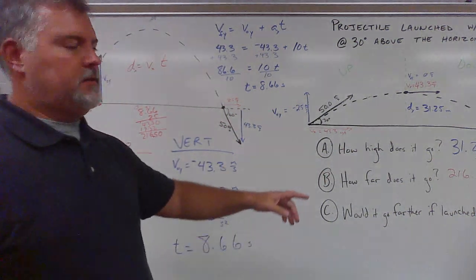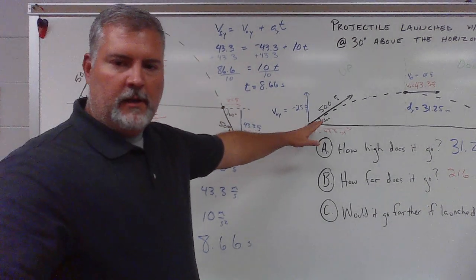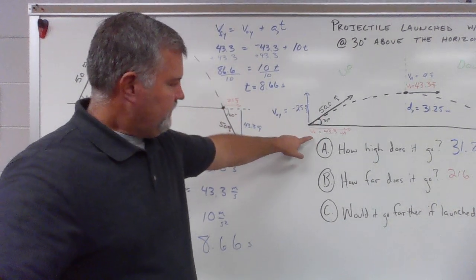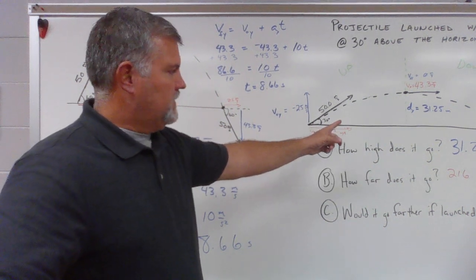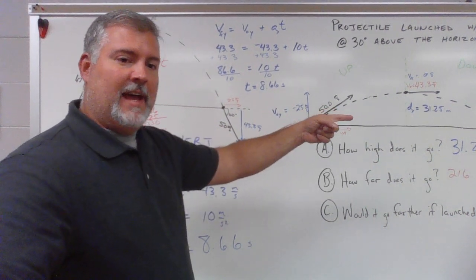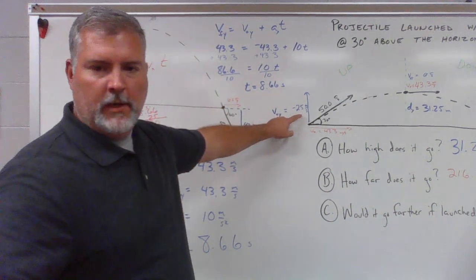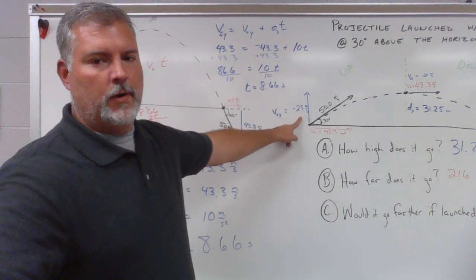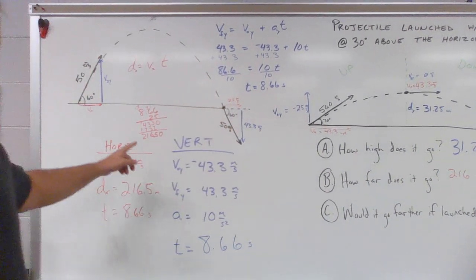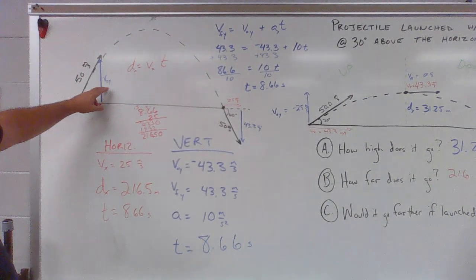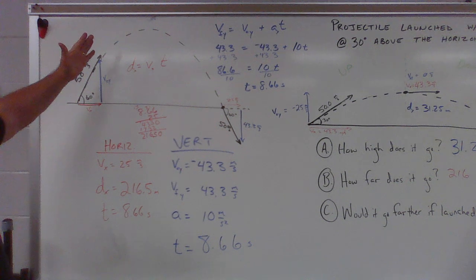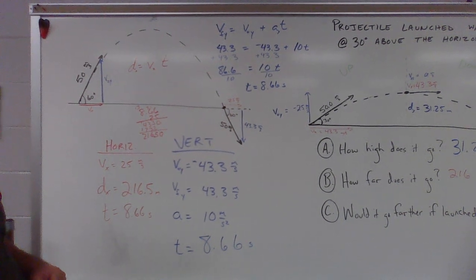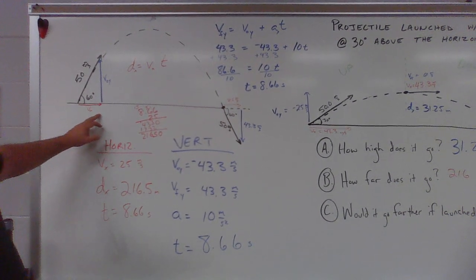And what it comes down to is the one with the lower angle had a pretty good horizontal speed. It was moving left to right fast, but it wasn't overcoming gravity very well relative to this one. This one had a greater vertical speed to start with when we shoot it up high. So it's doing a great job of overcoming gravity, but it sacrificed the horizontal speed to do that.